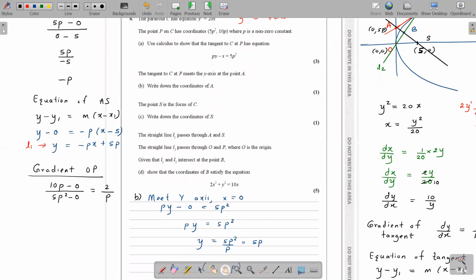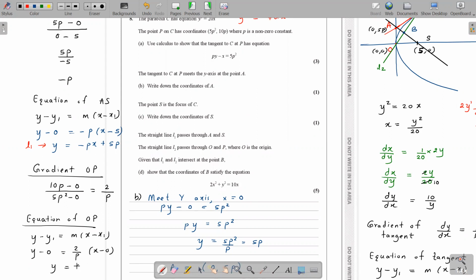Is that clear? So then let's get the equation of OP. What is the easiest to use for y minus y1 equals gradient times (x minus x1)? For x1, y1, because the line passes through the origin, it's best you use (0, 0). Okay. So y minus 0, gradient is 2 over p, x minus 0.